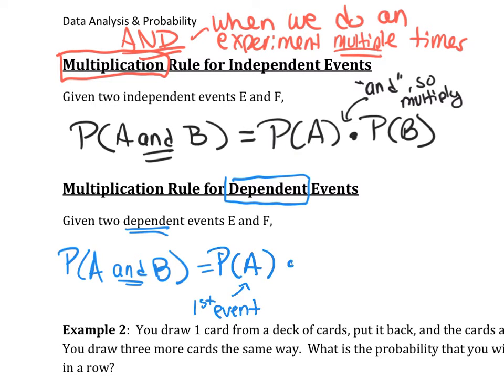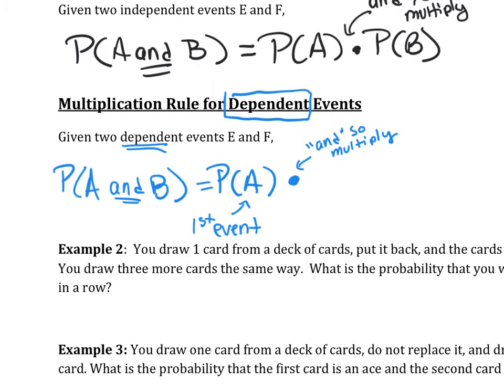And you're still going to multiply because it's and. But then when we calculate our second probability, since these are dependent events, it's going to be the probability of B, assuming A has already occurred.